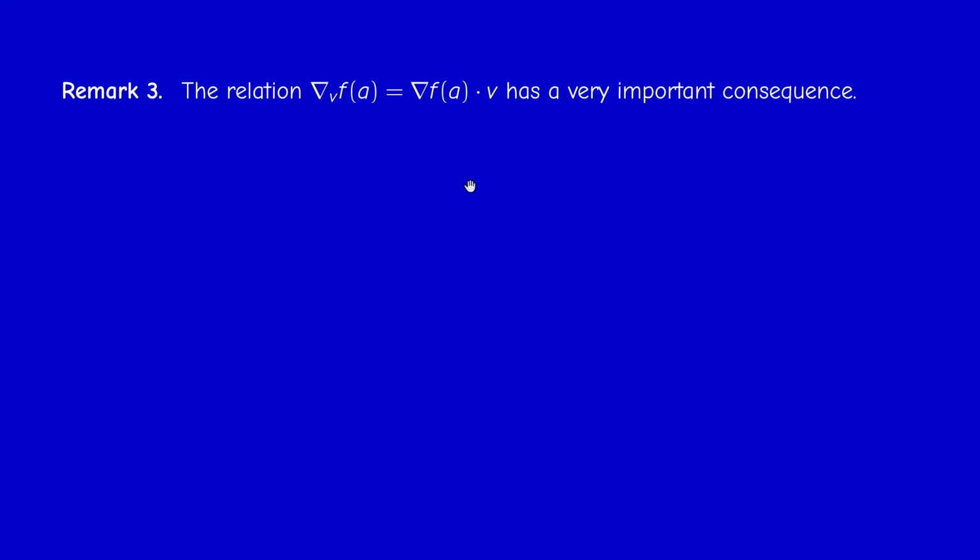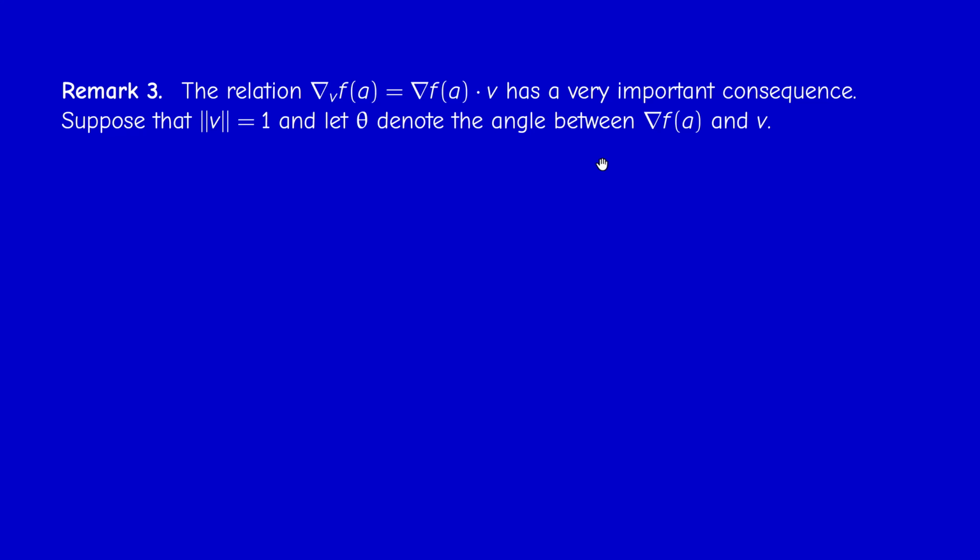Now, let's remark on this relation before we move to the Gateaux differential, the more general concept. This important relation, giving the directional derivative as the inner product of the gradient with the vector, has a very important consequence. To fix the idea, suppose that the norm of the vector is fixed, take it 1.